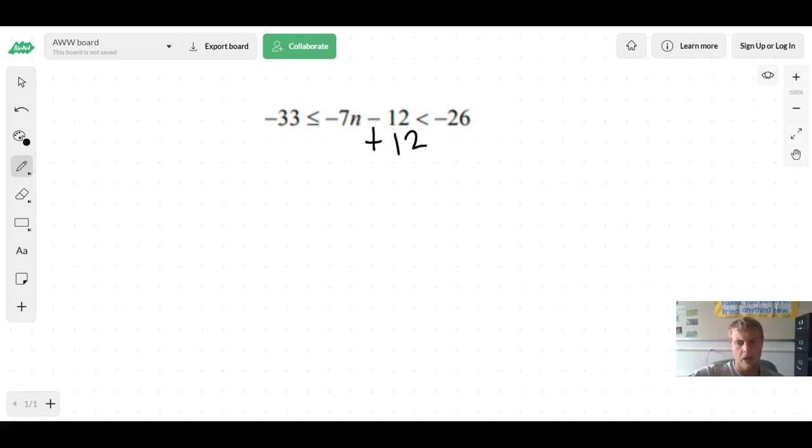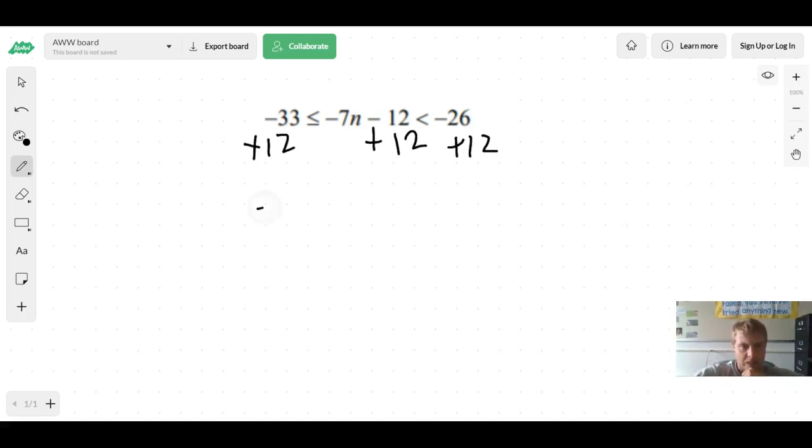Now when you add 12, because it's bound in between these two things, when we add it to this side, we also have to add it to the far side. So when you add, it doesn't just affect one thing because you really have two equations here, so we add it to both sides.